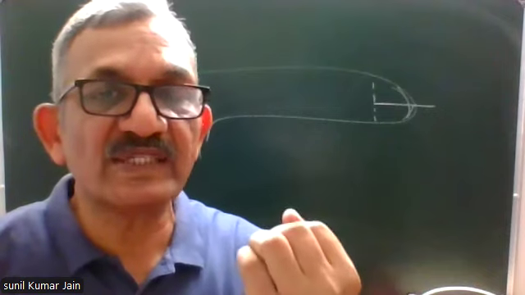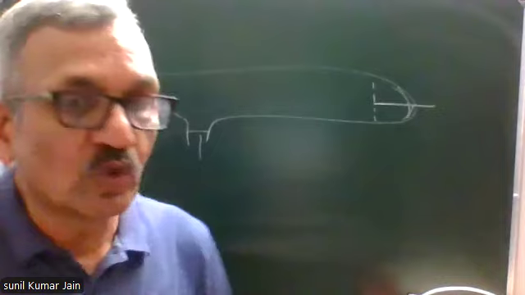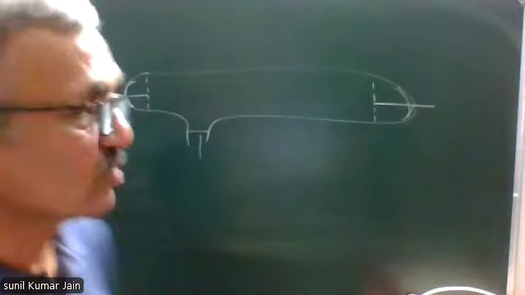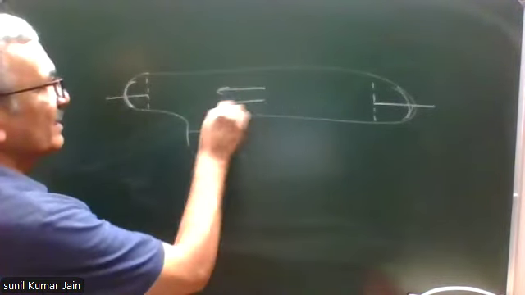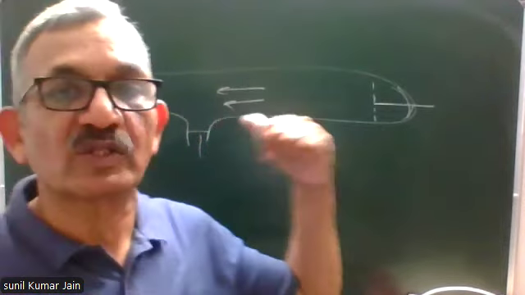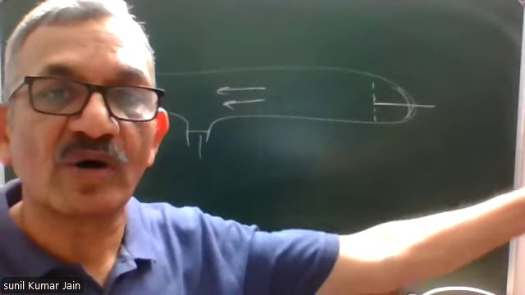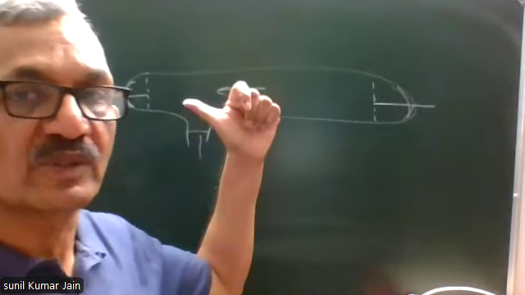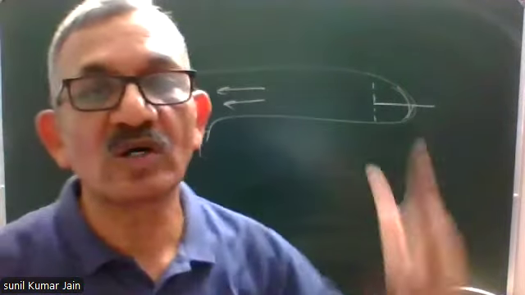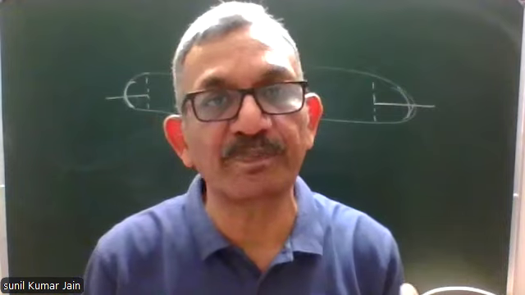So positively charged ions will be produced after ionization of the gas. Those positively charged ions will travel in the opposite direction, which means they will travel towards the cathode.